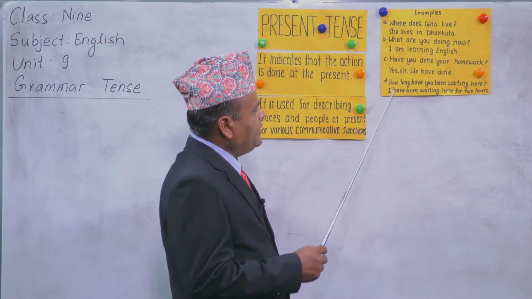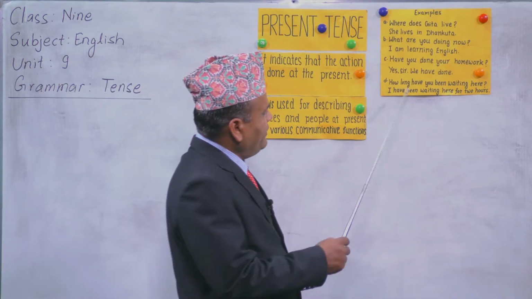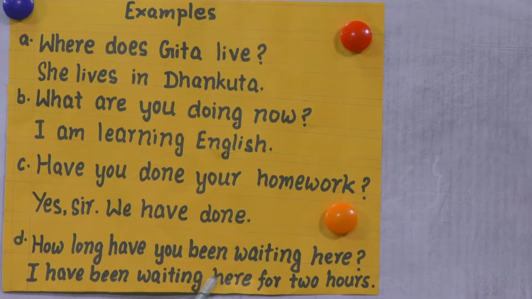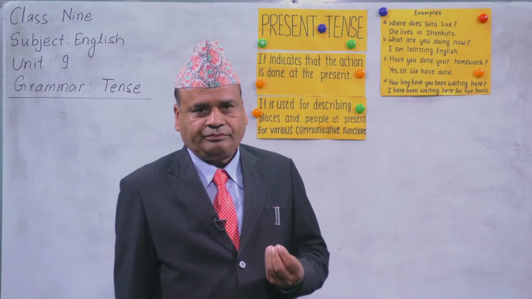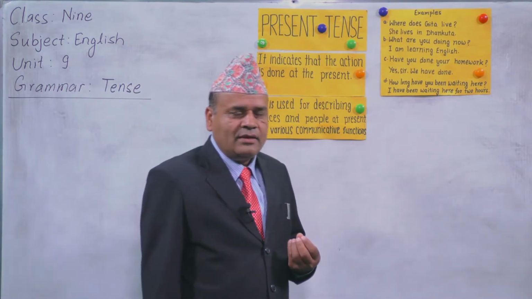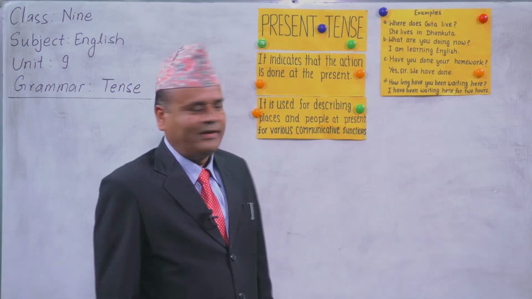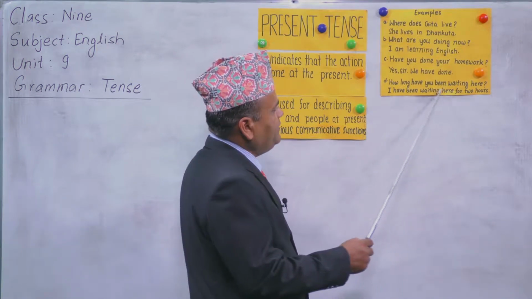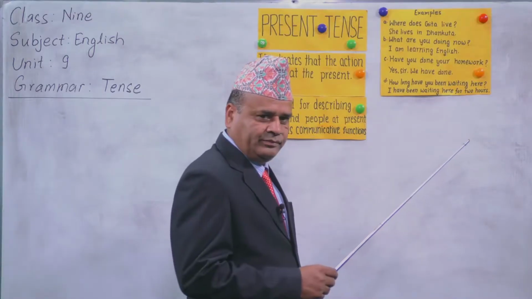Similarly, we have got the fourth branch of present tense. You can read here now. How long have you been waiting here? Somebody is waiting somewhere, okay, at a place. And here is a question, okay? The question is in present perfect continuous tense, all right? So how long have you been waiting here? Okay, the answer is, I have been waiting here for 2 hours, all right?